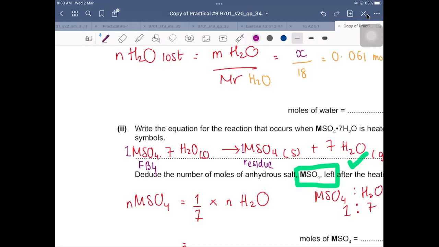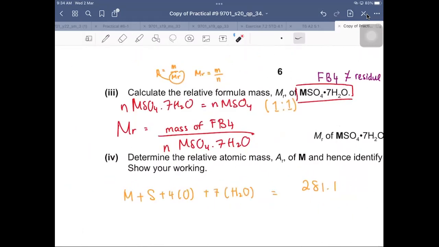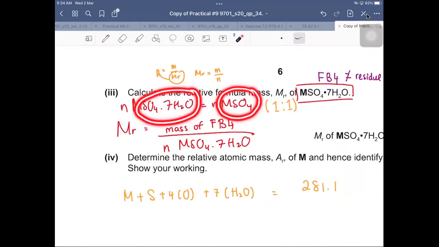Okay, so once you know the number of moles of the residue, you know the number of moles of MSO4, which is the residue from part 2. Part 3, they want you to find the MR of FP4. But before you know the MR of FP4, you must know the number of moles of FP4 first. In this case, the number of moles of residue is equal to the number of moles of FP4.